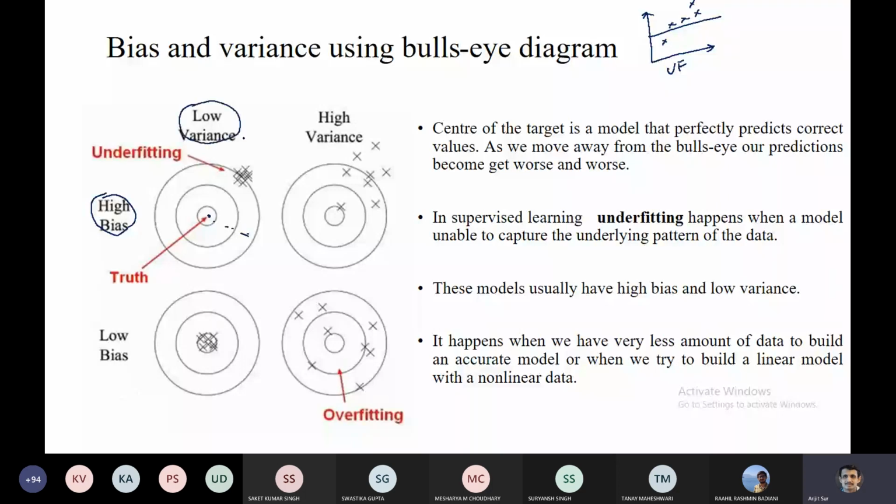Now, what do we mean by high bias? High bias means it is not well predicted. With low bias, it would come here. And low variance means what? Low variance means it is clustered densely. It is not a very high variance thing. If you see here, I think you can understand. Variance is less, but the model itself is bad.